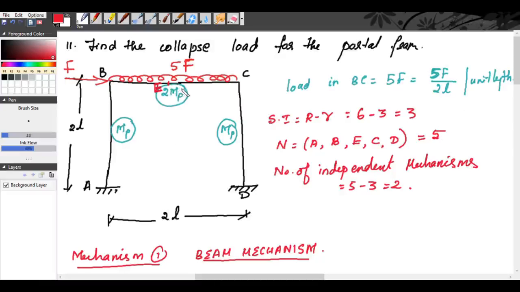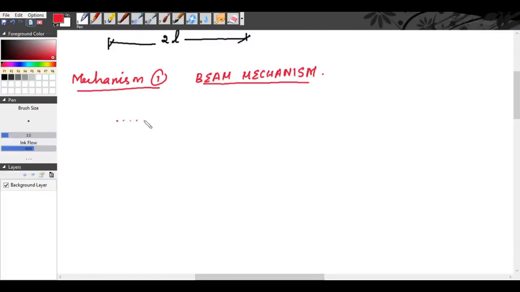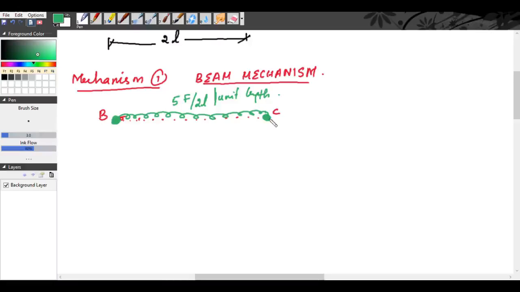And the plastic moment is 2 mp for the beam and mp for the column. Now we will draw the beam mechanism. Our beam is BC. There is a constant unit load, a UDL of 5F by 2L per unit length. So there will be a hinge formation at B, a hinge formation at C and a hinge formation at E.